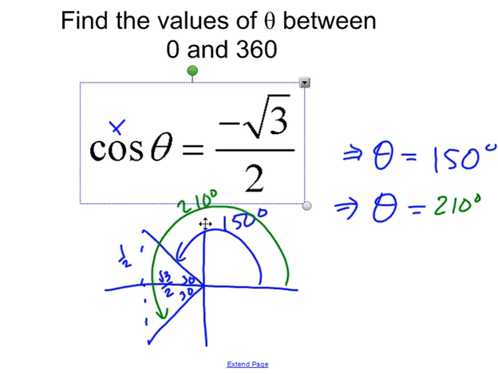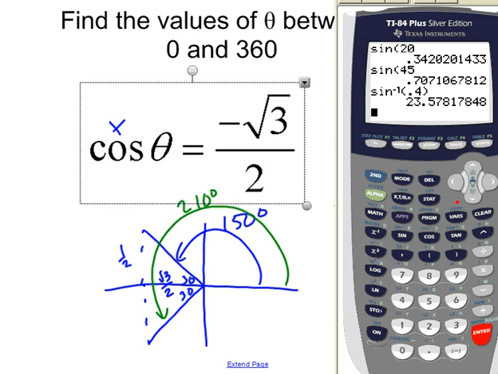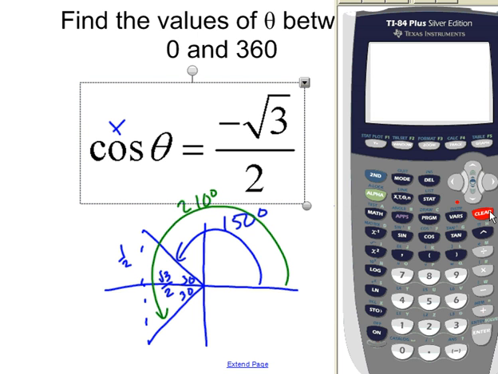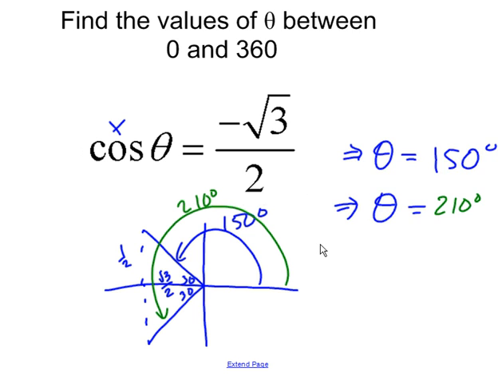Now, just to forewarn you, because most of you would say, can I just go to my calculator and figure this out? Remember, anytime we use our calculator to find angles, we always have to do the inverse. So if I do inverse cosine of negative root 3 divided by 2, you will see the answer gives me 150 degrees, which is one of our answers.